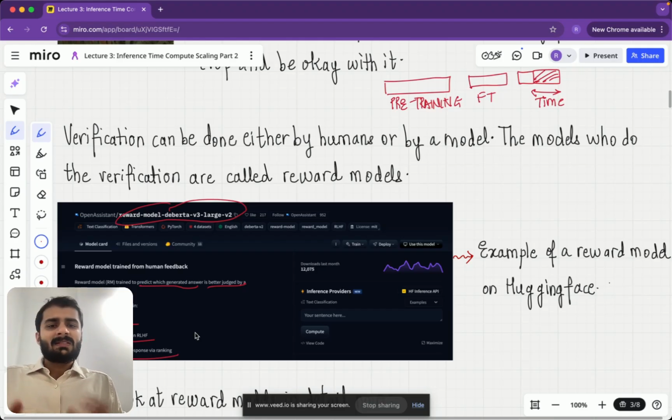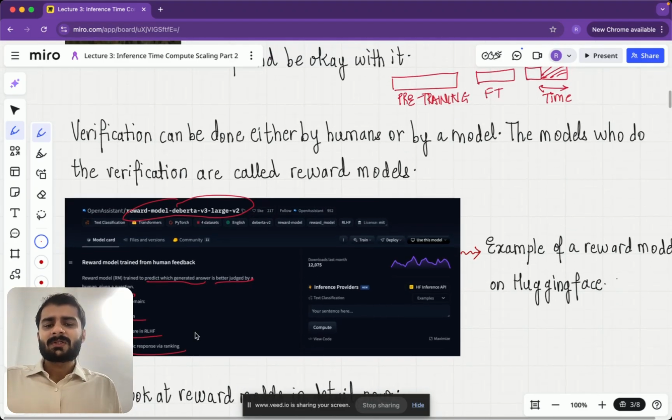So these are called reward models because the best answer is rewarded with the maximum score. If the answer is not good, then the score will be less and the reward will be less. In the next section, we are going to look at reward models in detail.